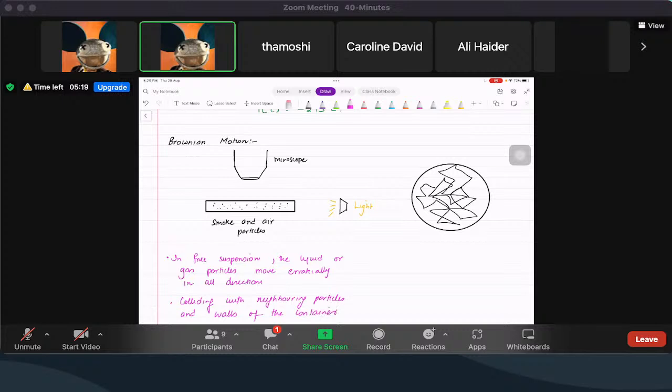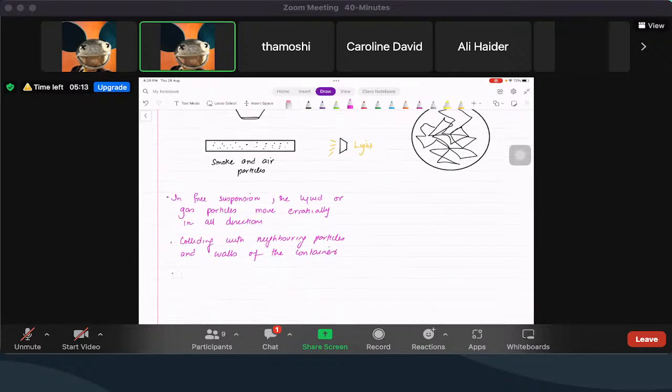Understood? And this is why Brownian motion provides evidence of the kinetic model theory, that they have kinetic energy and are always moving here and there randomly. Do you guys understand this?